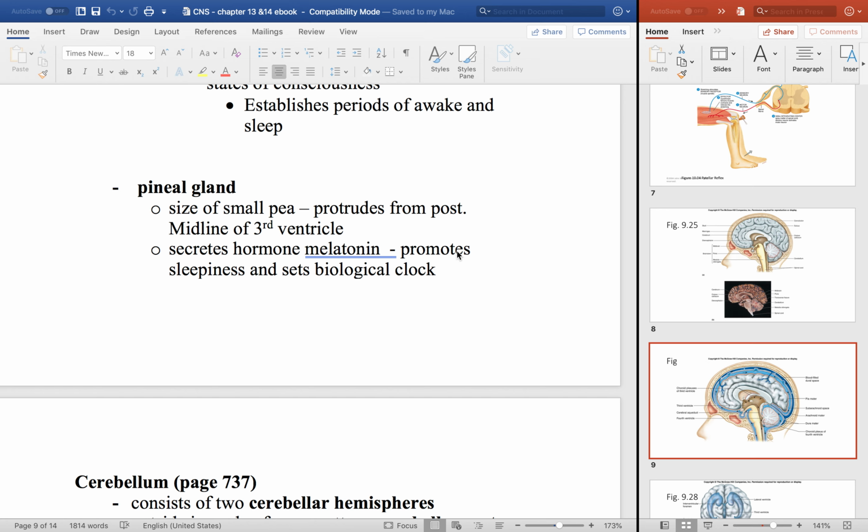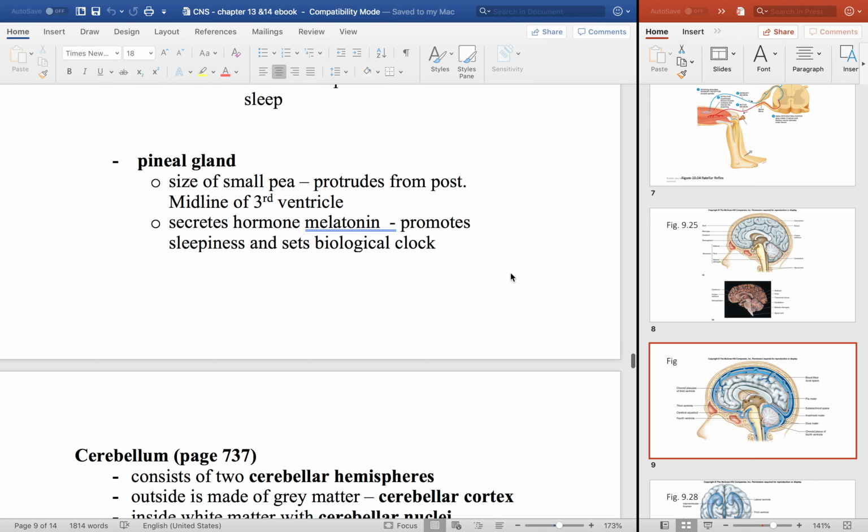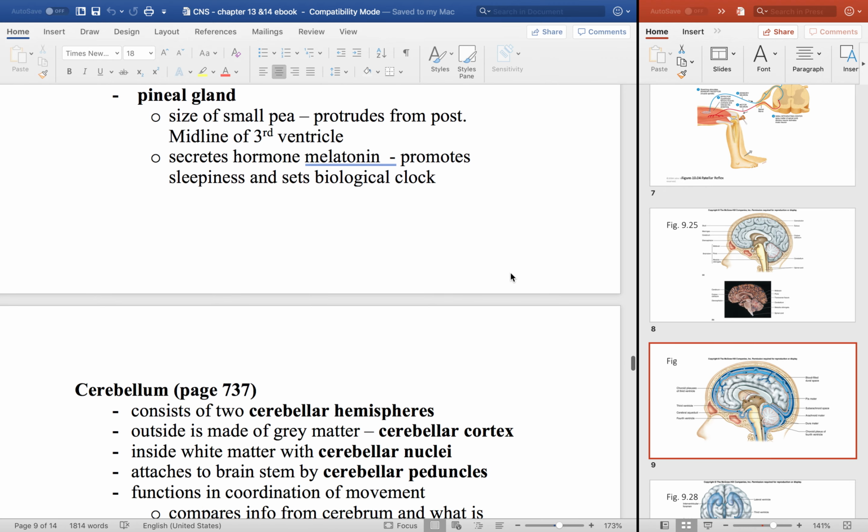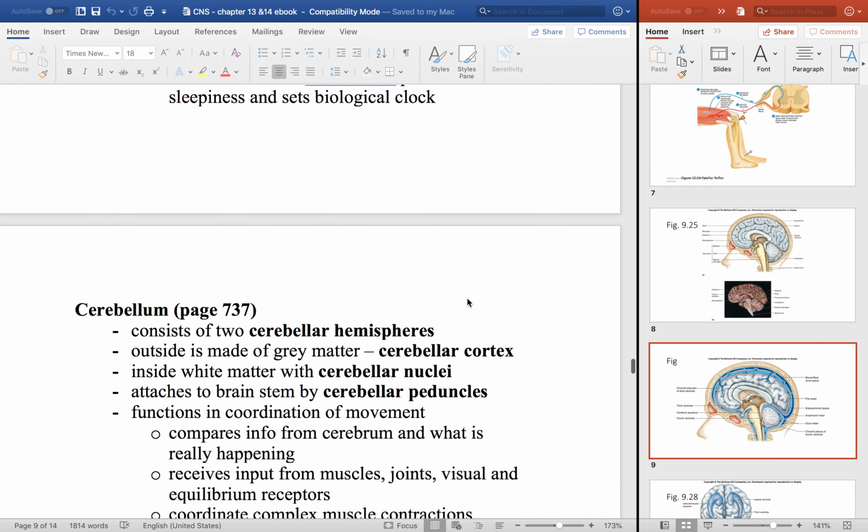So now certain devices have lighting where you can take off the blue light, and it's a more yellow light, and it's not supposed to disturb your sleep as badly if you use it right before you go to bed. The rule of thumb is to stop all devices that have the blue light at least an hour before you go to sleep. So that's everything in the diencephalon, and what we're going to talk about next is the cerebellum.